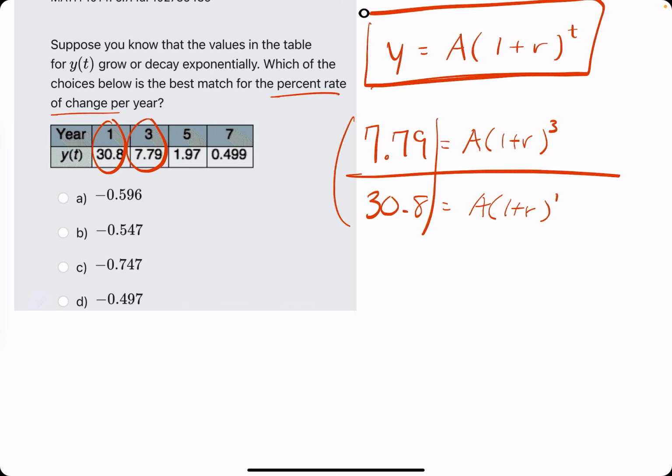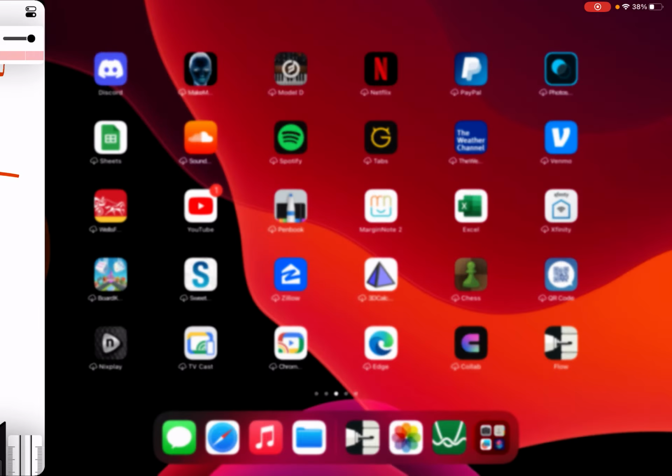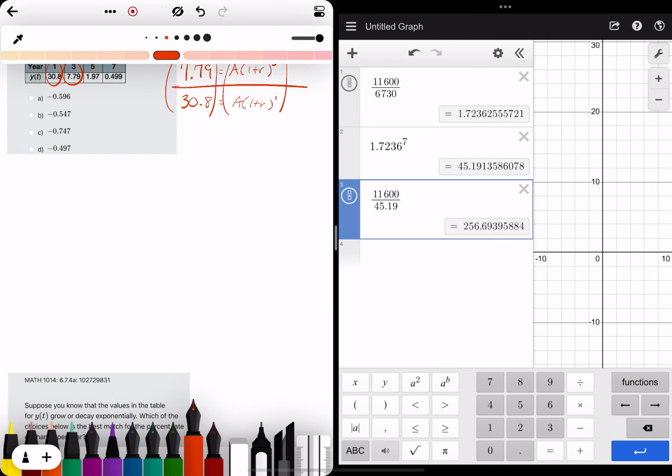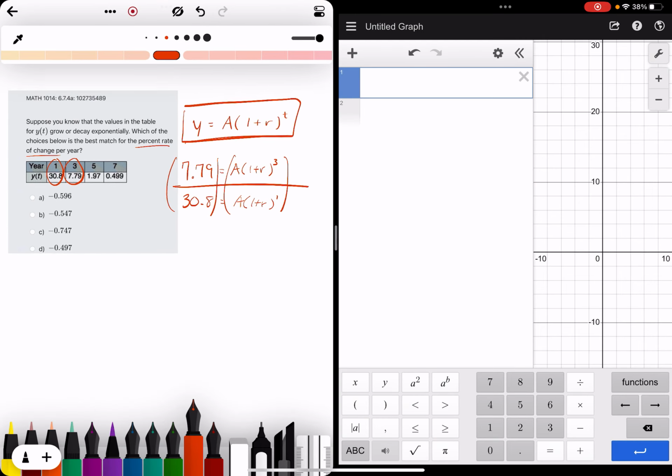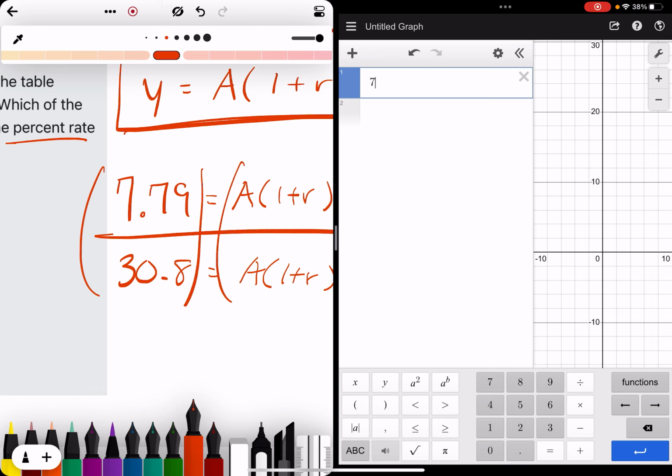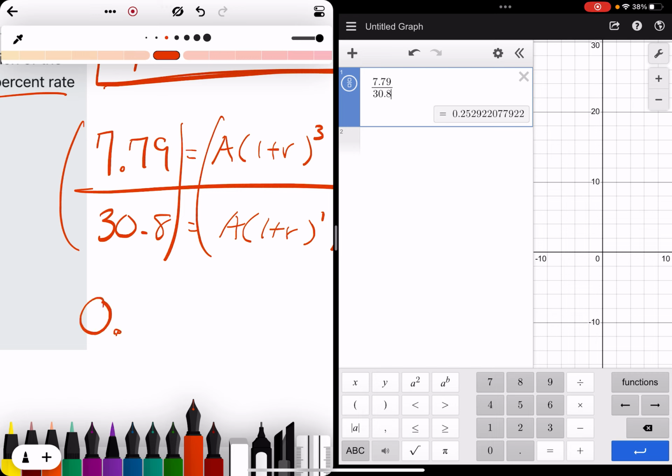We are going to divide the left sides by each other and the right sides by each other. So let's go ahead and calculate 7.79 divided by 30.8. We get about 0.2529.